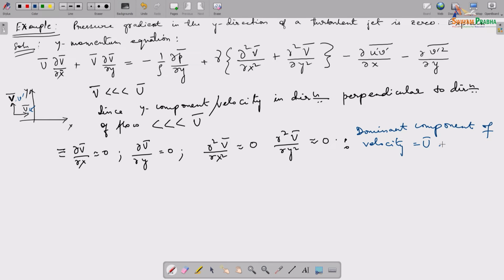Okay, then again the gradients of quantities in the x direction are minimal.